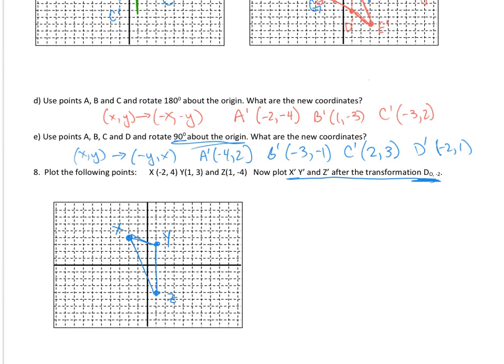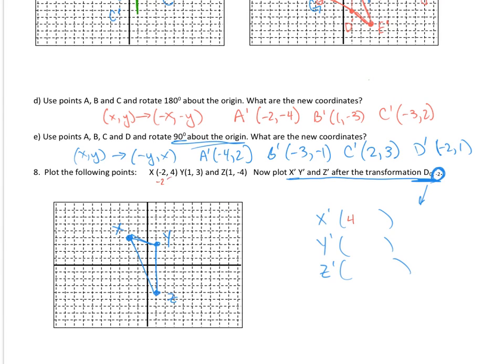And now I'm going to dilate about the origin by negative 2. Well, you can quickly find these x, y, and z points without having to do anything on the grid right now. Because I know that all I got to do since I'm going about the origin is multiply every x and y value by negative 2. So negative 2 times this negative 2 gives me positive 4.